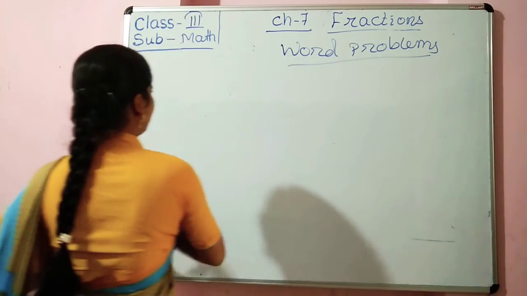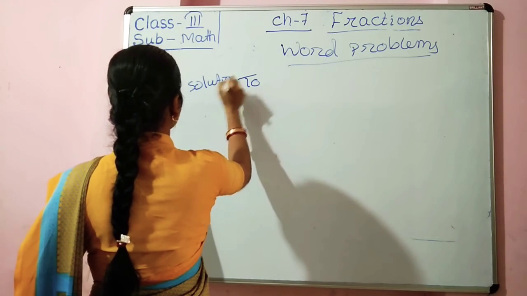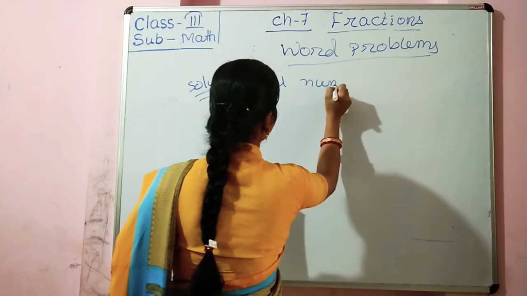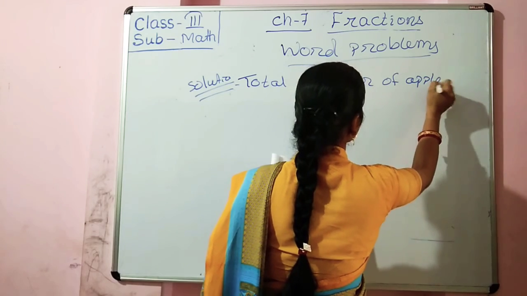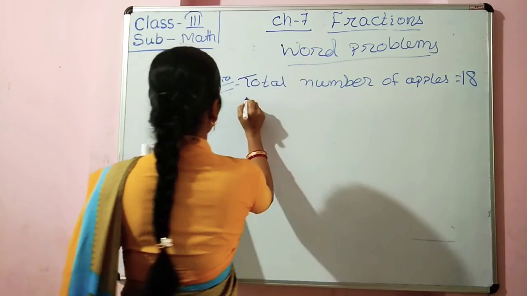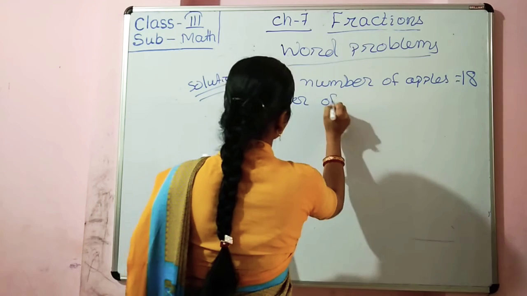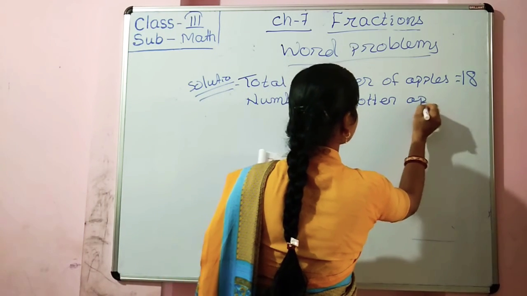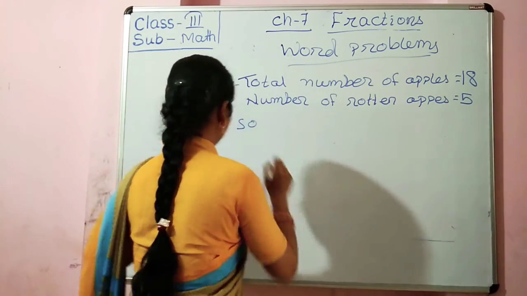Here we write the total number of apples. Solution: first we write the total number of apples is equal to 18. The number of rotten apples is equal to 5.